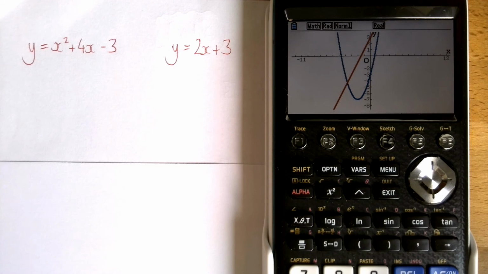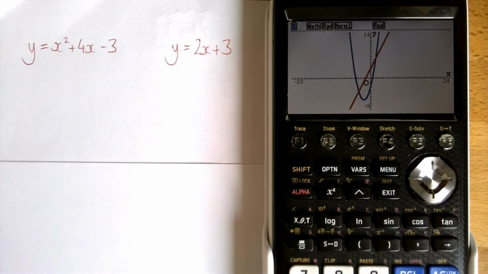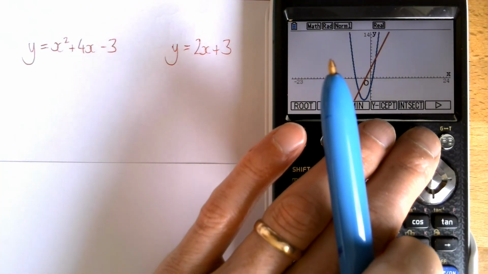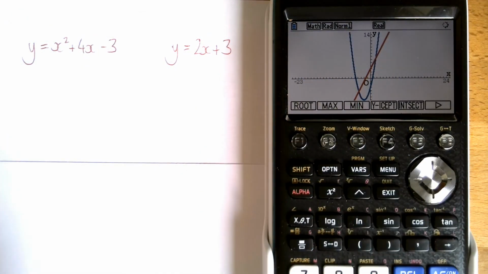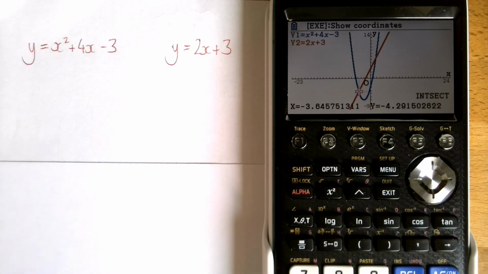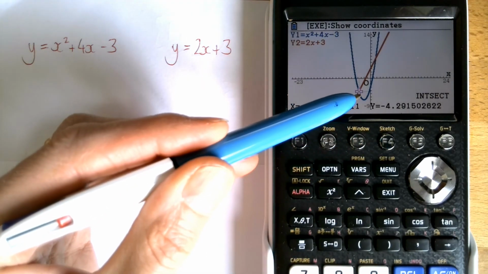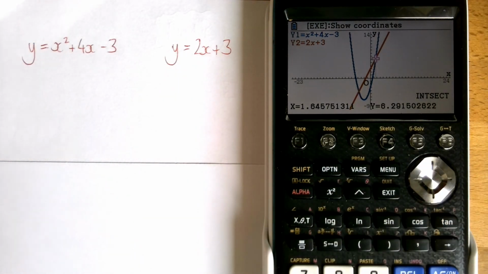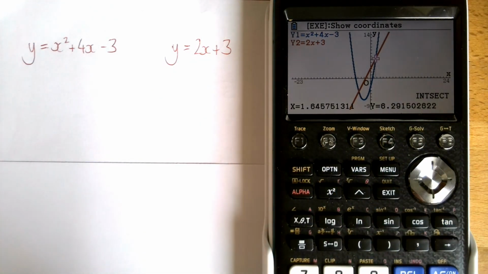Okay, so I'm going to zoom out a little bit so I can actually see the intersections. Perhaps zoom. There we go. So G-Solve again, intersect, and it works out the first intersection, and then the right cursor works out the second intersection.